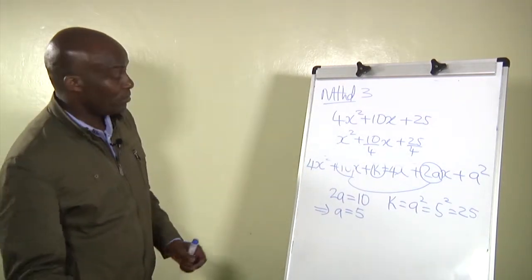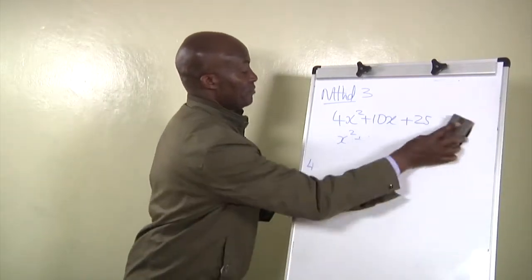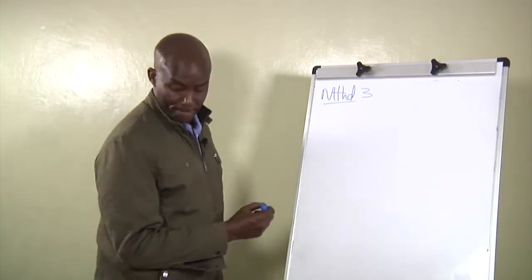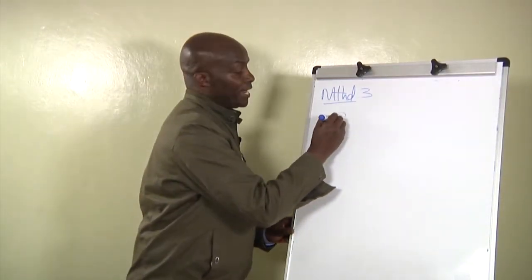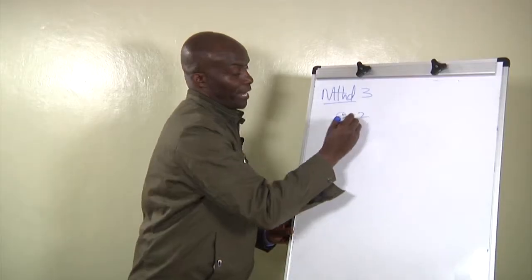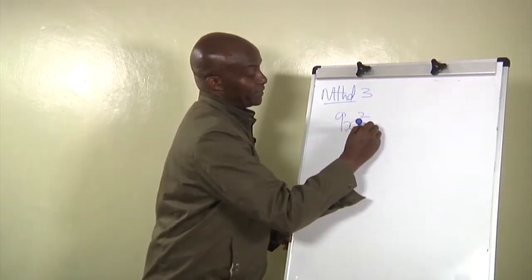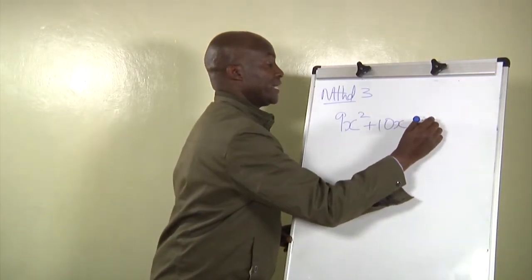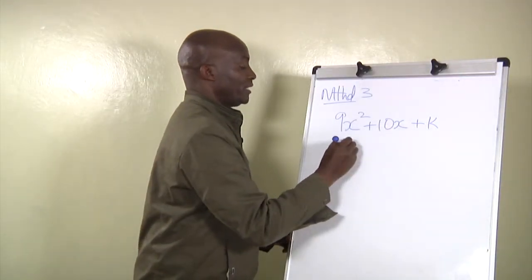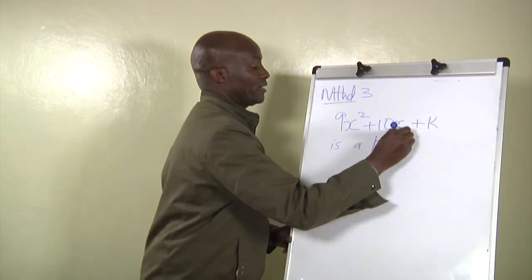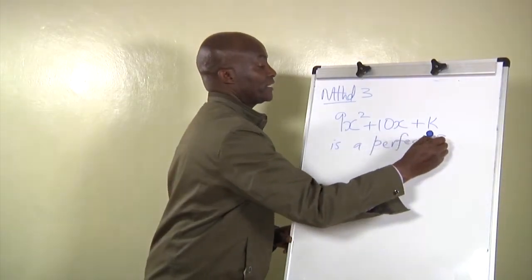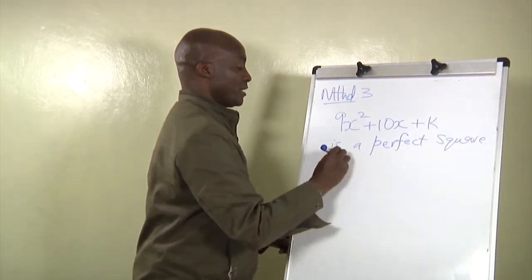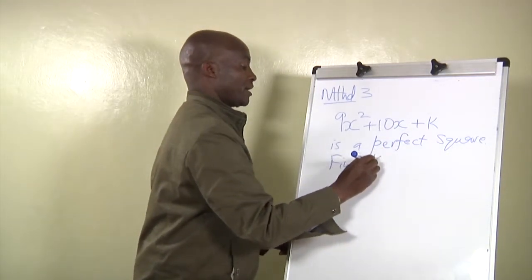Now I'll give you another example of method 3. You are given 9x squared plus 10x plus k, and you are told it is a perfect square. So find k.